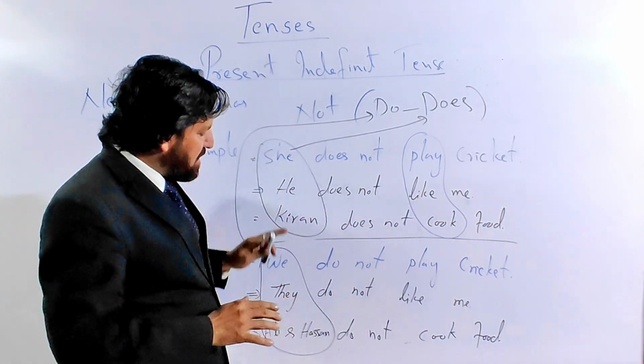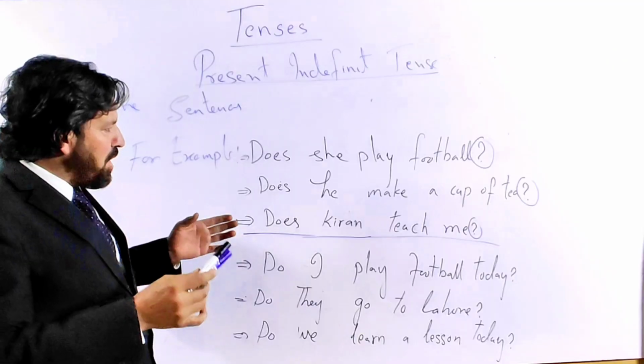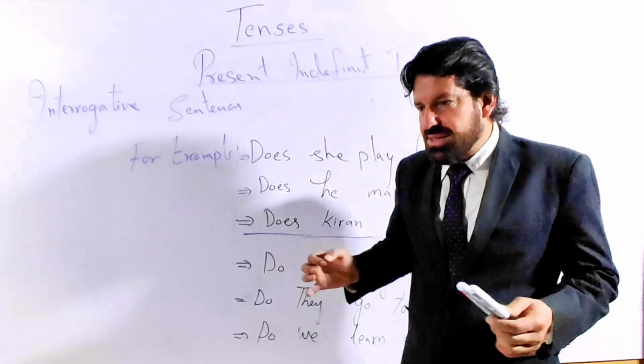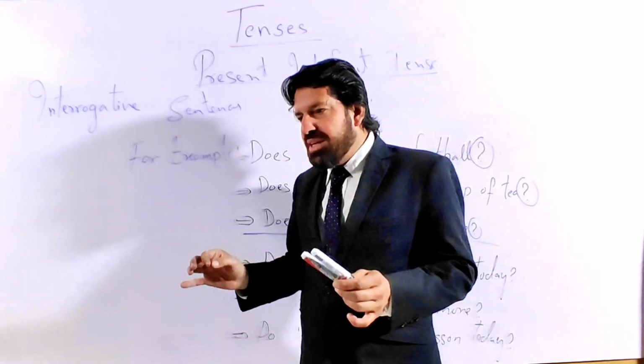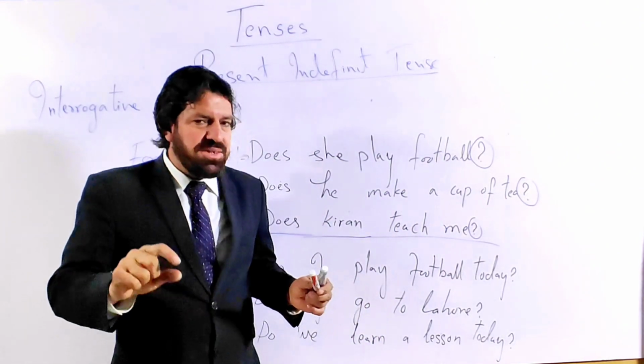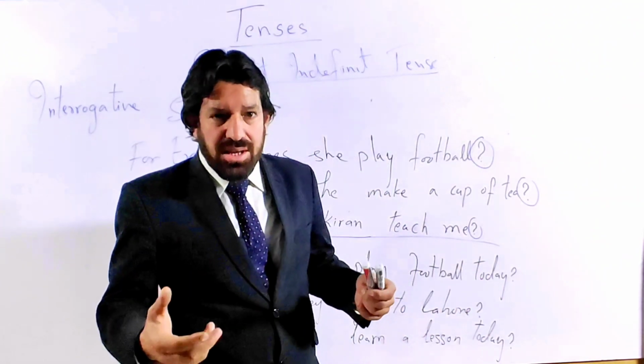So I hope you understand present indefinite tense negative sentences. Now I'm going to teach you what an interrogative sentence of present simple tense is. Interrogative sentences mean whenever you ask a question, right? For example, one that starts with W: what are you doing, where are you going, when will you come home, right?